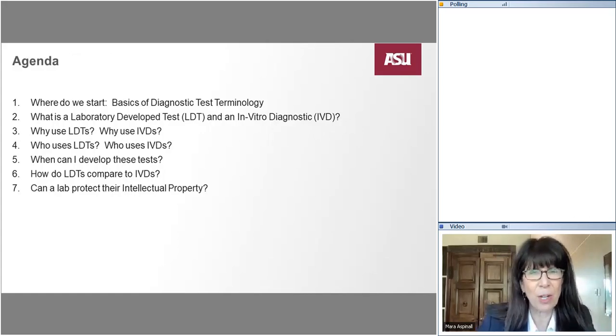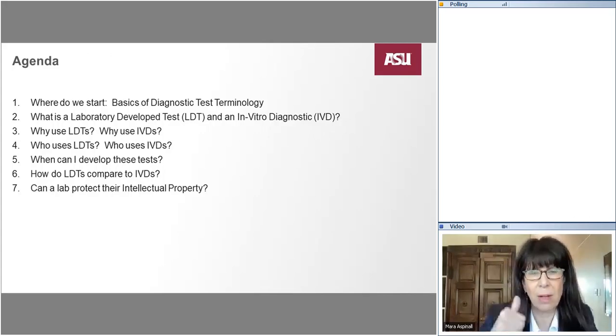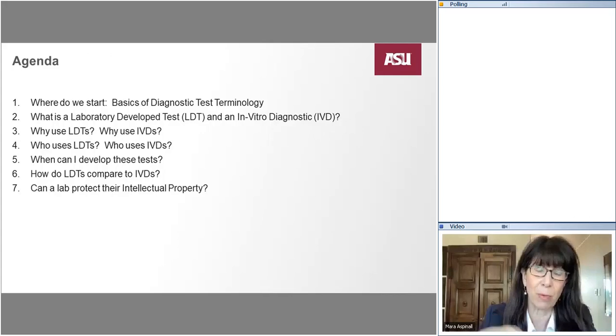And the core here is first, all these question words: where, what, why, who, when, how, and can. So number 1, basics of diagnostic testing terminology. That's the foundation. I suspect for most of you it'll be a review, but we will start there. We will then talk about an LDT and an IVD. Why do people use them? Who uses them?